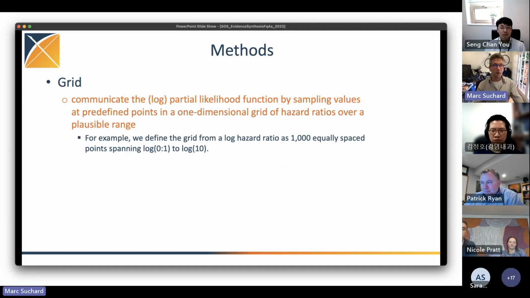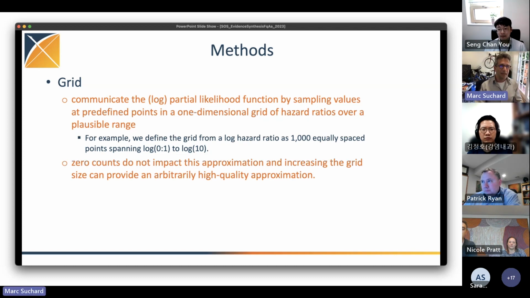It turns out that the grid-based approach, where we're just going to evaluate the likelihood function for the hazard ratio at a number of different grid points over a reasonable support, returns much better performance than any of the custom function building that we had attempted beforehand.